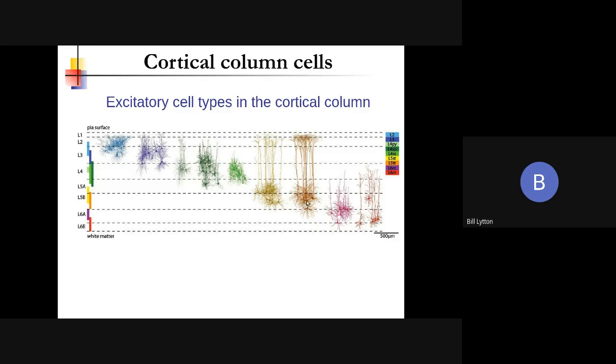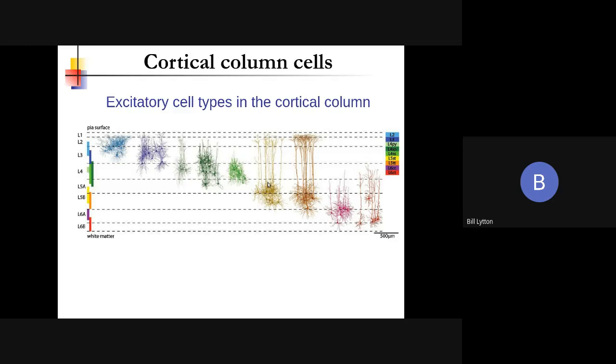These are the so-called pyramidal type cells, or corticospinal cells that project out of telencephalon. They project out to brainstem. They project out, in the case of motor cortex, even all the way down to spinal cord. But other areas don't project to spinal cord, just to brainstem.